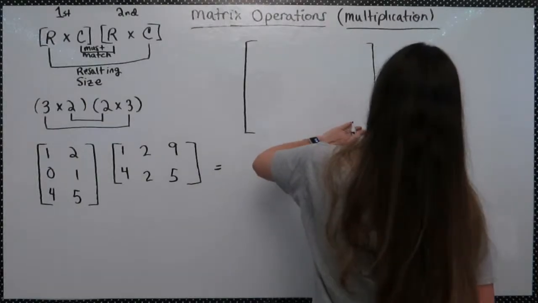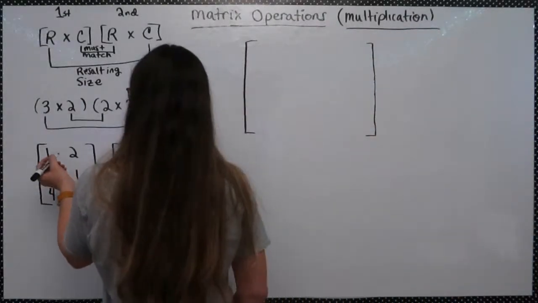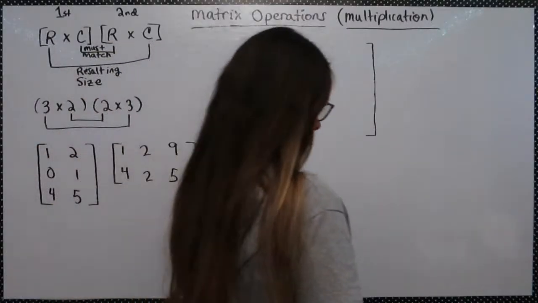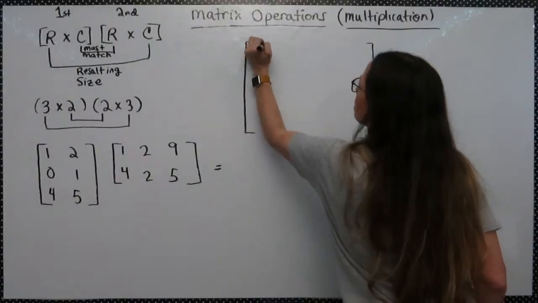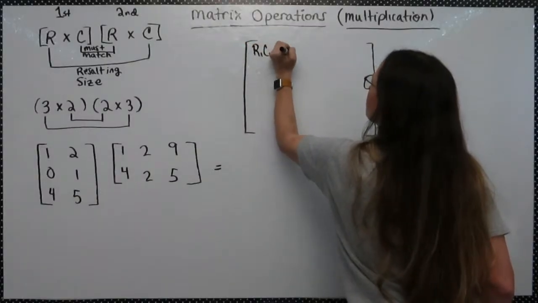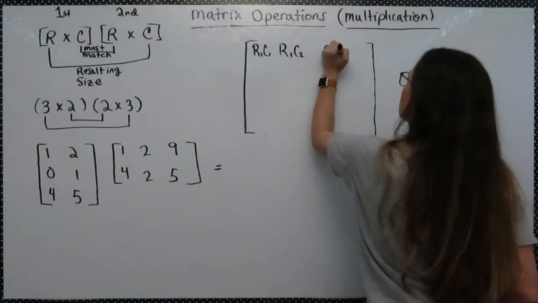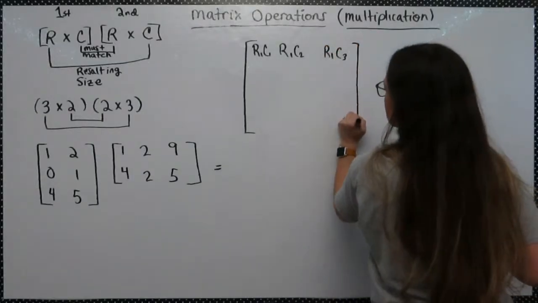Make it real big. And so what we're going to do is we're going to take the first row. We'll list them here. So we'll say row 1, column 1, row 1, column 2, and row 1, column 3. Let's make it a little bit shorter.